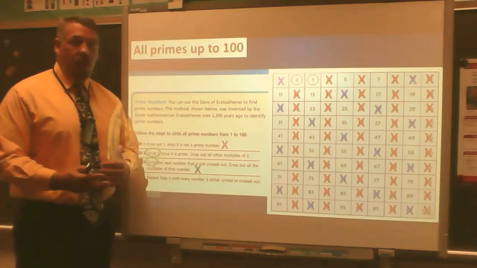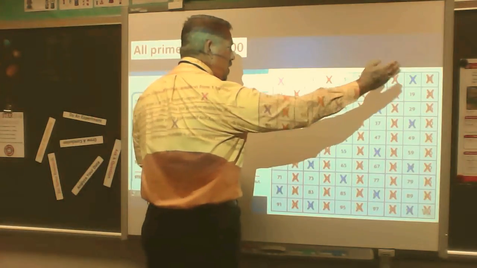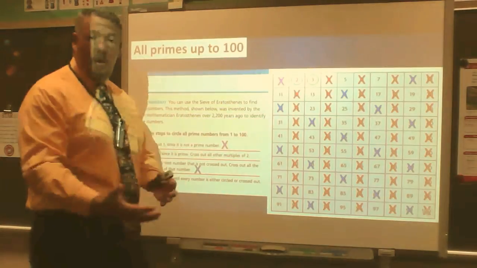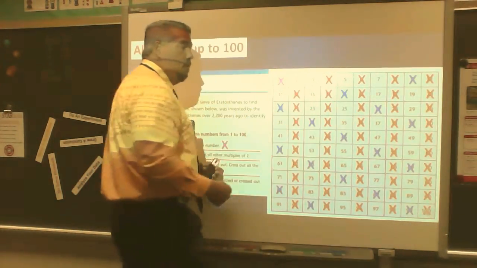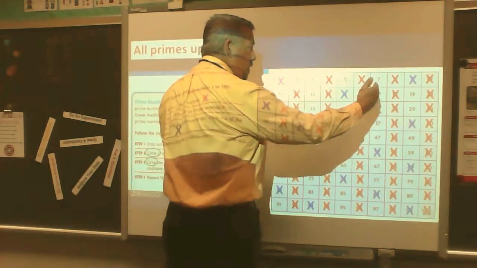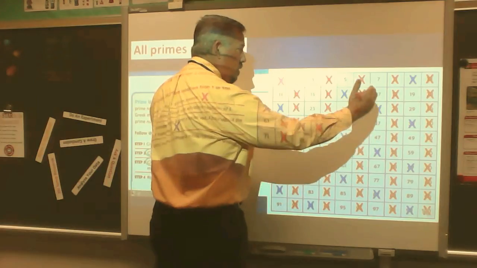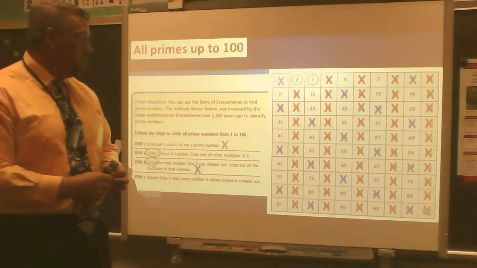So going every third one then, from the 9, I went 10, 11, 12, it's already crossed out because it's even. 13, 14, 15, I cross it out. 16, 17, 18, it's already crossed out. 19, 20, 21, I cross it out.